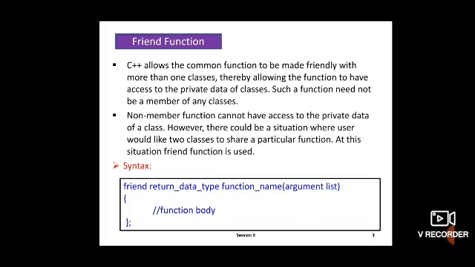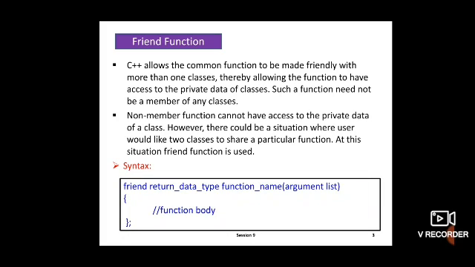But suppose you want to share data between two classes; at that time you declare that function preceded by the friend keyword. Then you can share that data easily between two classes. This function is defined as a normal C++ function. The function definition does not use the class name, the keyword friend, or the scope resolution operator.